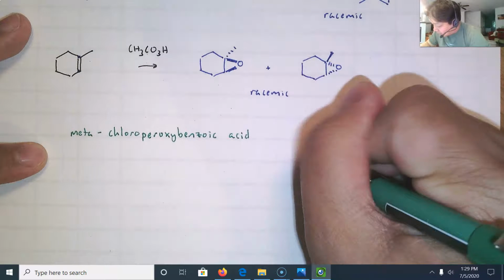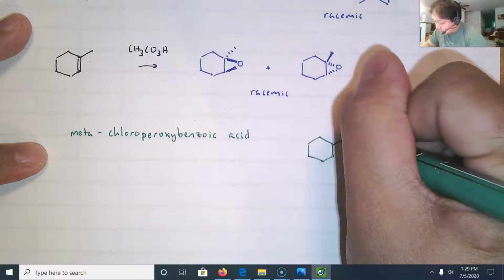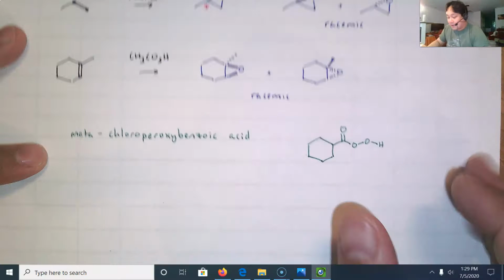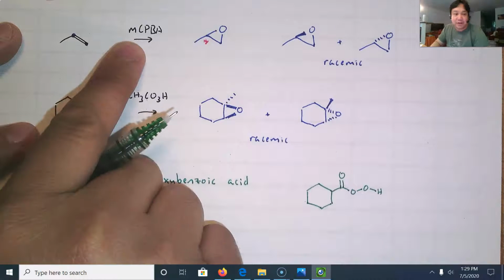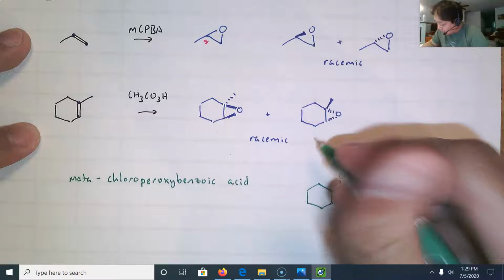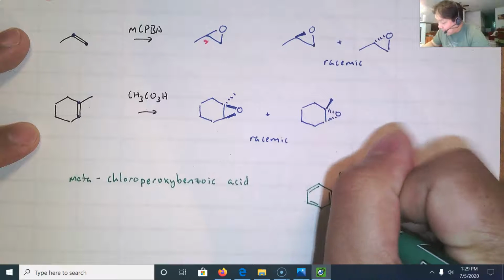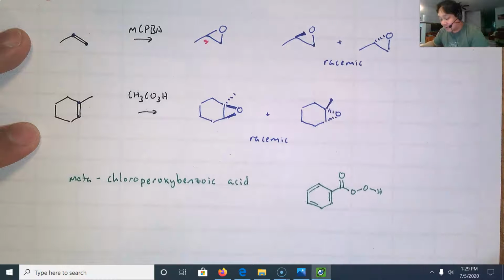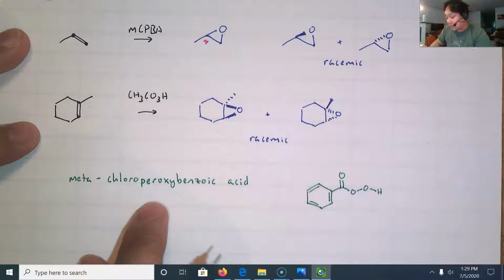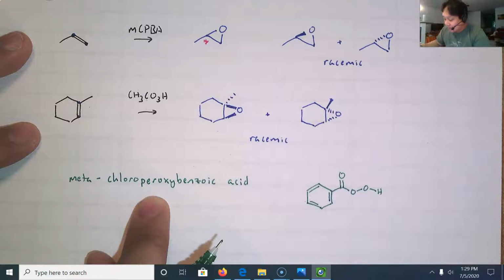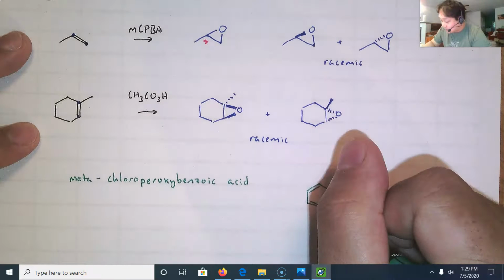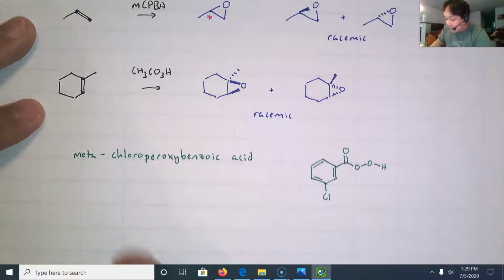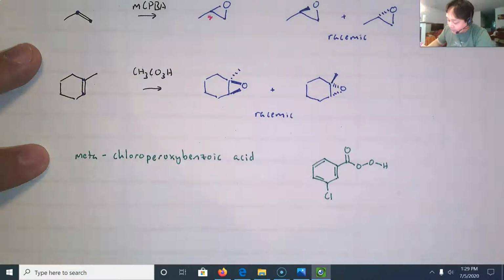In my class, you don't have to memorize the structure, but it is going to be useful to know this to see how those 3 oxygens that we see in this reagent are also in this reagent here, MCPBA. The benzoic acid is if there was one less oxygen, a carboxylic acid. But this is not a carboxylic acid. This is what's going to be called a peroxy acid. The chloro is at what's called the meta position, which is down here. You don't need to worry about that. That is the molecule MCPBA, and it is considered a peroxy acid.